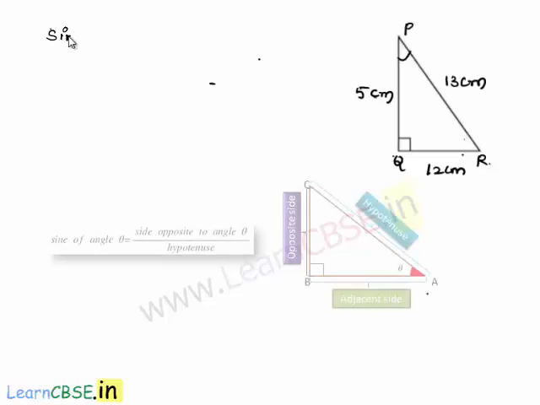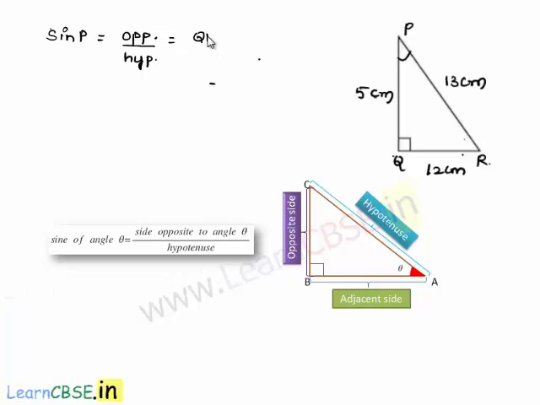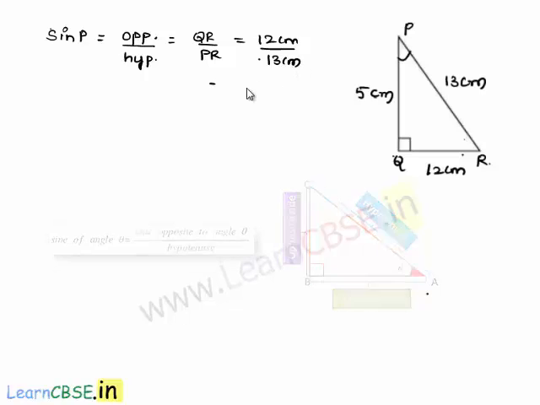Initially, let us consider sin P. Sin P is equal to opposite side by hypotenuse. Here, the opposite side for angle P is QR and the hypotenuse is PR, which is equal to QR is 12 centimeters and PR is 13 centimeters, which will be equal to 12 by 13.